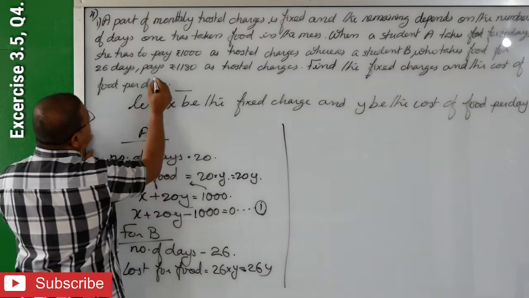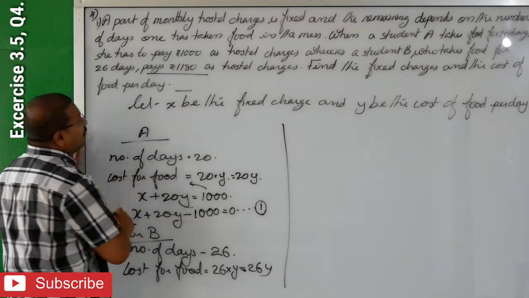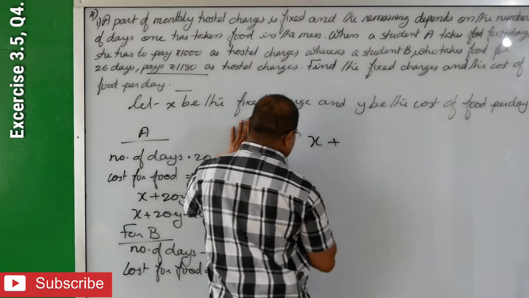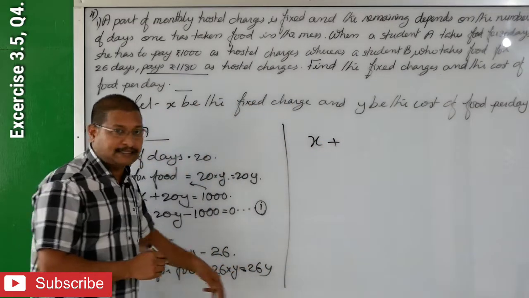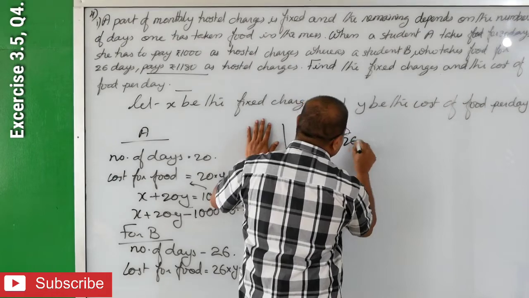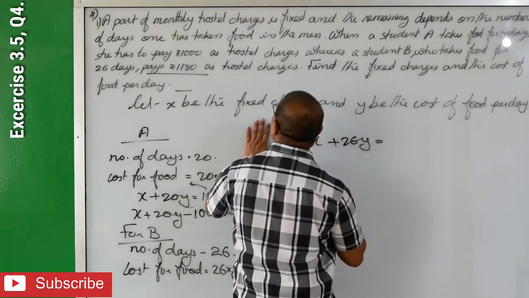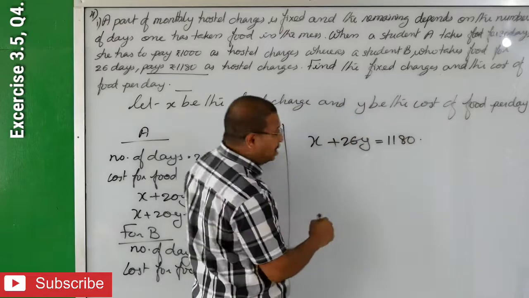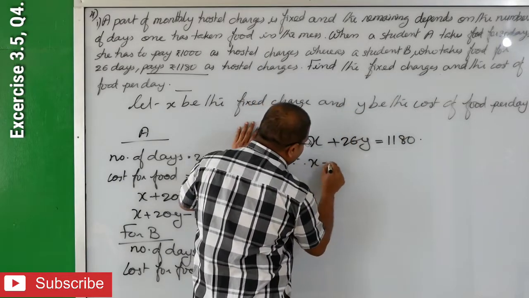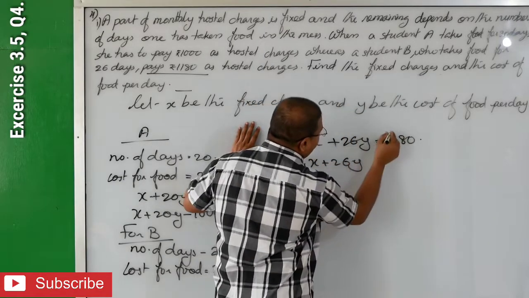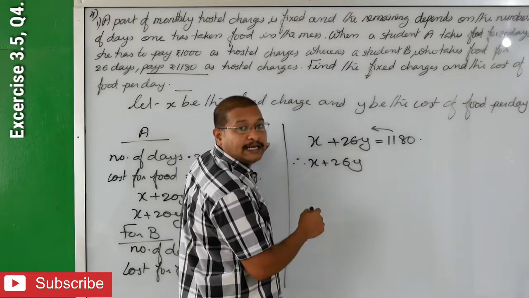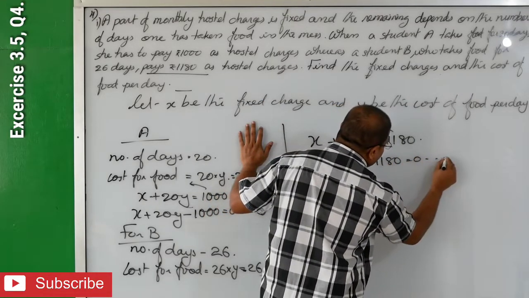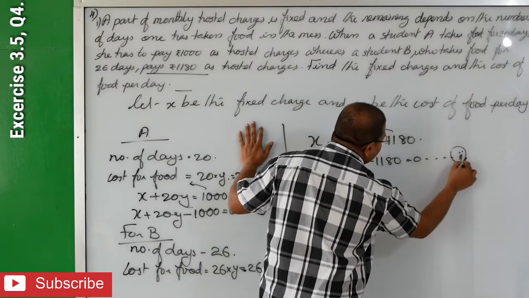Now you check. B pays 1180. That means the fixed charge plus cost for 26 days, that means X plus 26Y equals 1180. Ready? Therefore, X plus 26Y, 1180 goes to the next side, minus 1180 equal to 0. This is equation number 2.